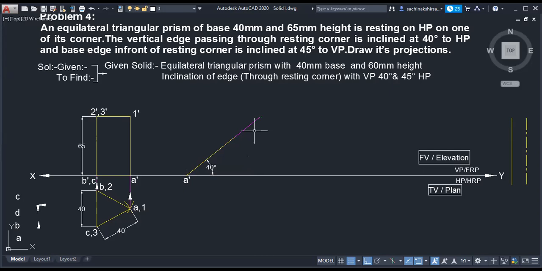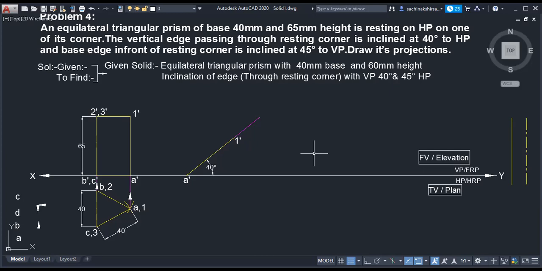Very simple. Now for the remaining points, we have to mark B dash, C dash and 2 dash, 3 dash. How can we mark them? Draw a perpendicular line and then mark.